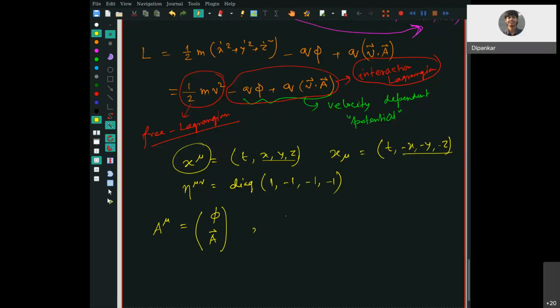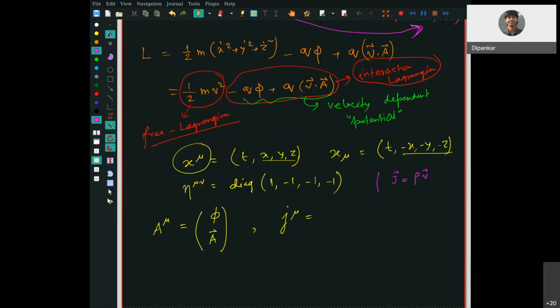And the 4 current density, j mu. Remember, if you talk about the current density, j is just rho times v, the velocity times rho. The J0 component of that would be basically just the charge density.